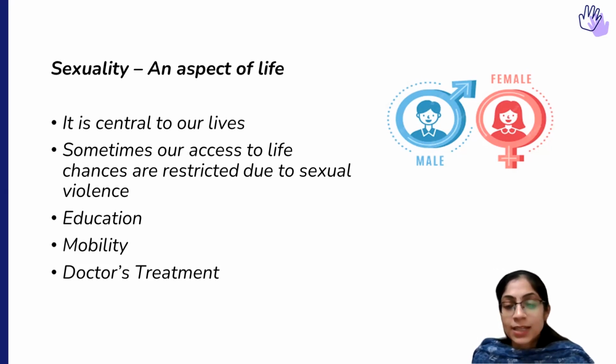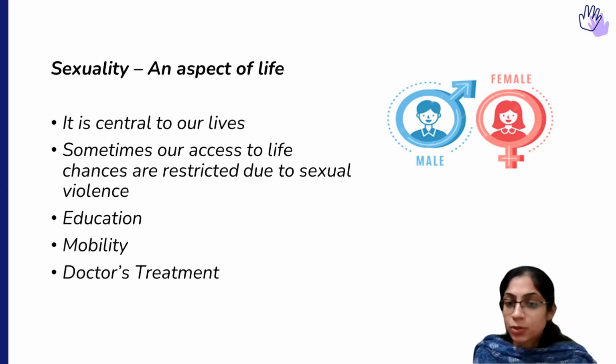Similarly, doctor's treatment. You may rush in a patient, but if a male doctor is there, they will not look at the woman till the time she is accompanied by a woman or there is a female attendant standing next to the doctor, right? So our sexuality is so important that it becomes restrictive in one way.